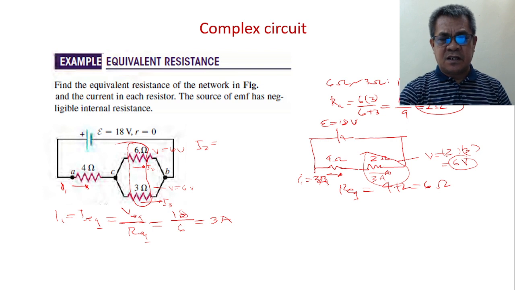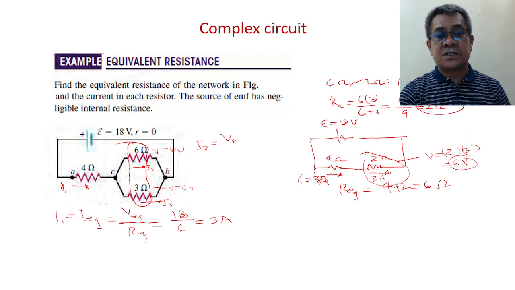In this case, R is given, V is given, and you are asked to calculate I2. So I2 is V2 over R2. V2 is 6 volts, while R2 is 6 ohms. So therefore, the current that passes through I2 is 1 amp. This is the answer to the problem.